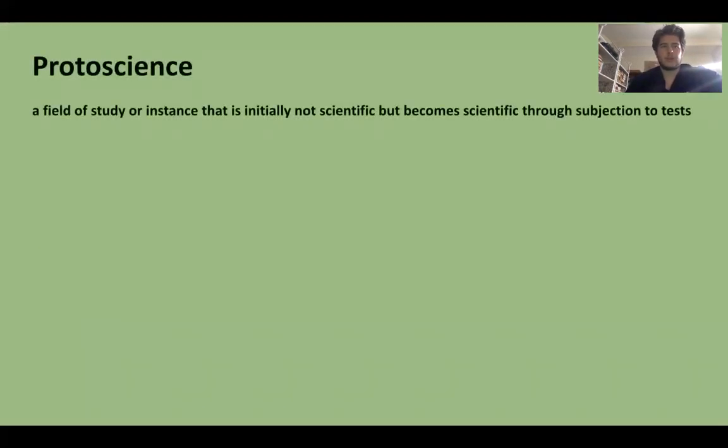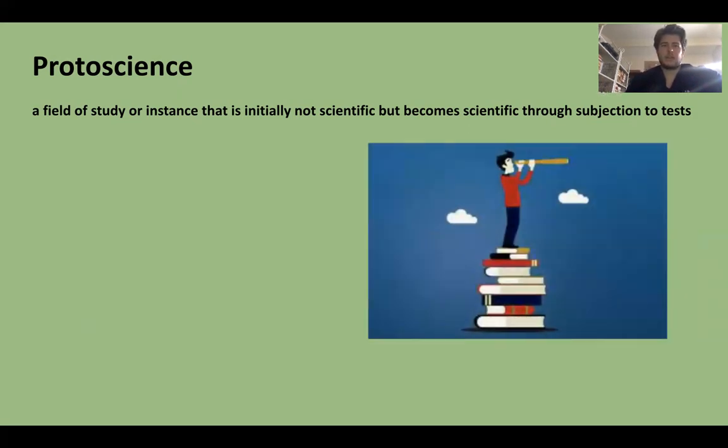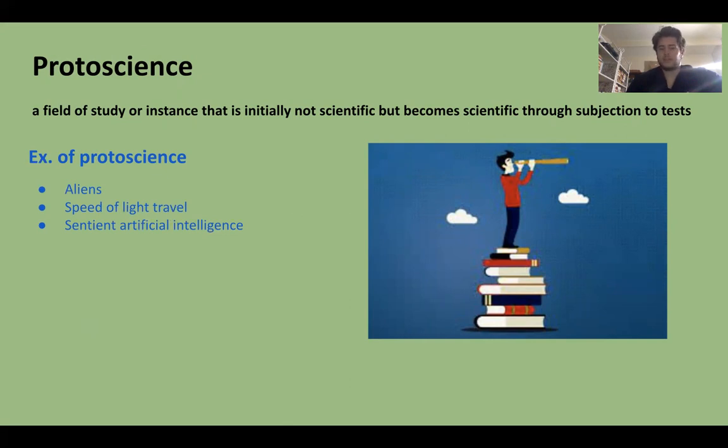So, proto-science. Proto-science is a field of study or instance that is initially not scientific, but becomes scientific through subjection to tests. Examples of proto-science are, say, aliens, speed of light travel, sentient artificial intelligence.